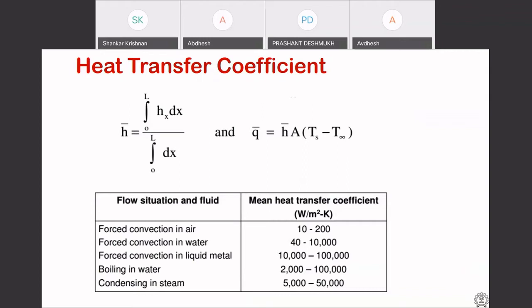Then we have boiling heat transfer coefficients that are quite close to tens of thousands, and then condensation. So you see this boiling and condensation in the heat pipes and others that I'll be discussing briefly later.